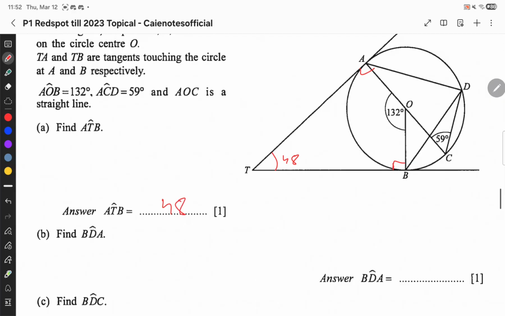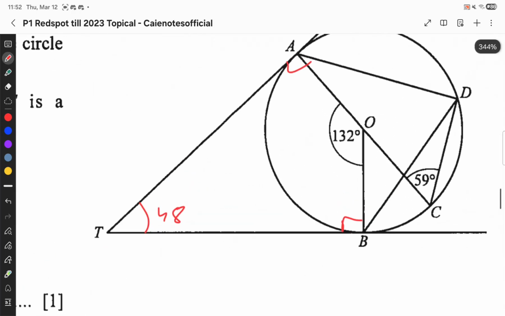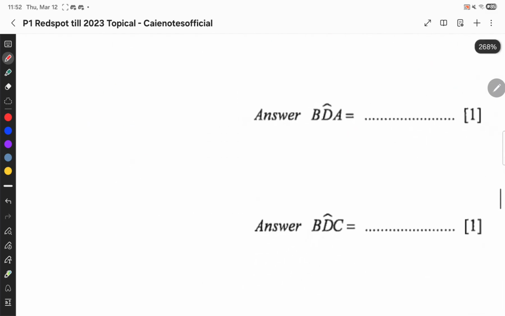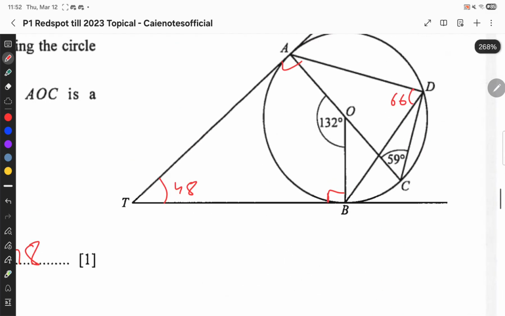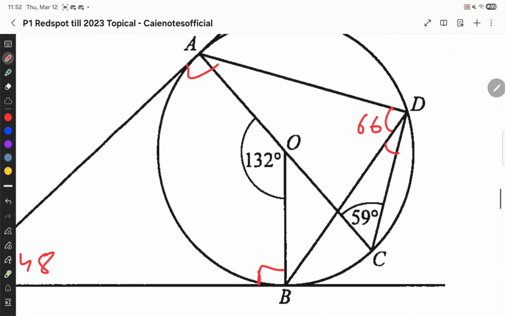Okay, BDA. What is BDA? BDA is this angle. This is the same facing angle. 132 over 2 is equal to 66, and that is our answer. Next is BDC. It is this tiny angle. Now, how do you find this teeny tiny angle?